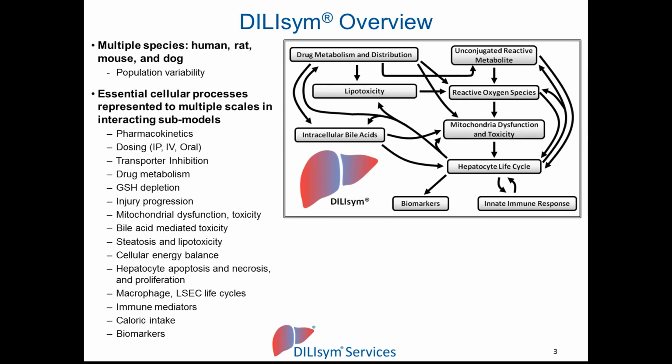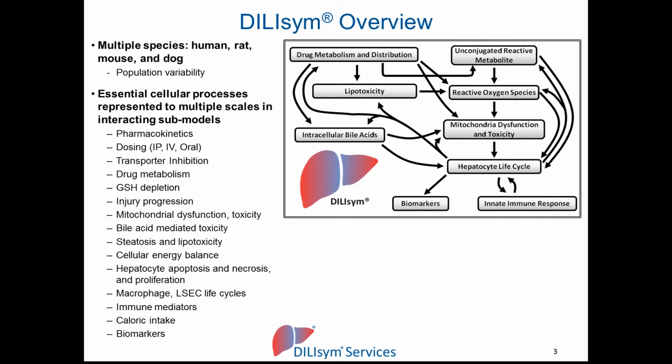Within the model, we have captured the various cellular processes that are essential to representing drug-induced liver injury. This summary diagram shows the major submodels and how they interact. If you start in the upper left-hand portion, you can see that we make predictions of exposure of the parent and various metabolites, and how they interact with the key hepatotoxic processes like reactive oxygen species production, mitochondrial dysfunction, bile acid transport, and then how those all interact with the hepatocyte life cycle to initiate apoptosis and/or necrosis.